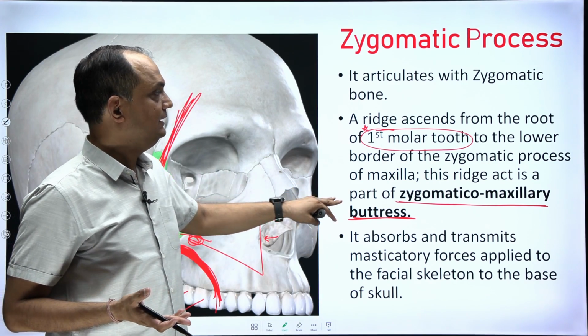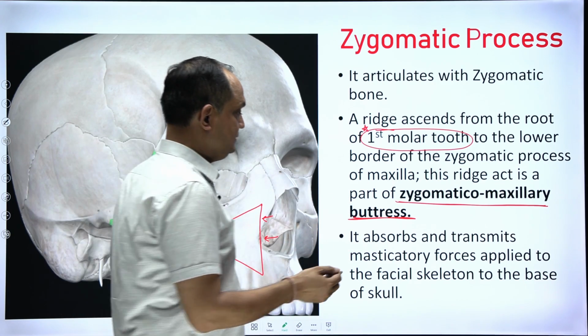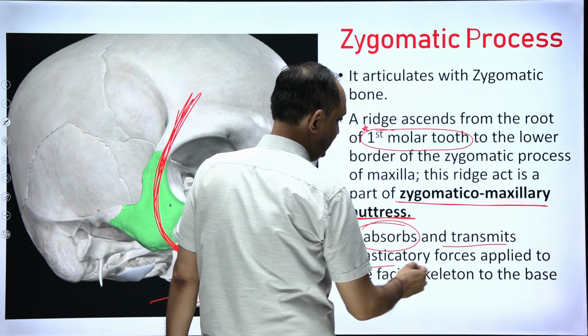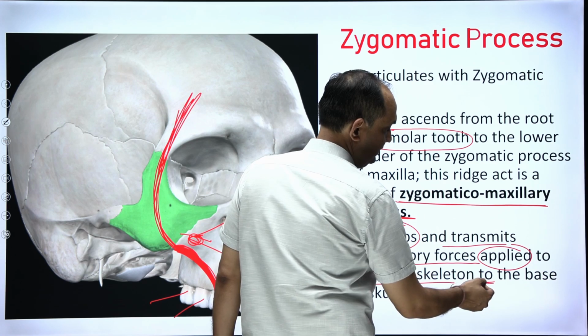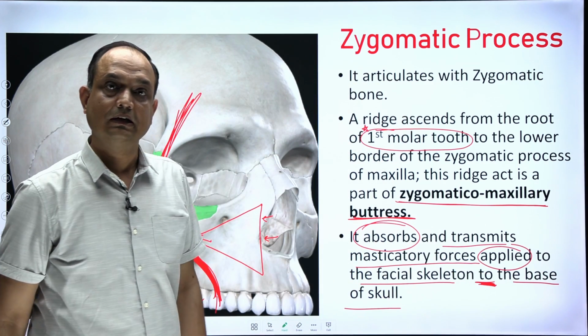Now what do you mean by the buttress and what is the function of a buttress? The buttress is basically a line which helps to absorb and transmit the masticatory forces applied to the facial skeleton, and shifts these forces to the base of the skull.